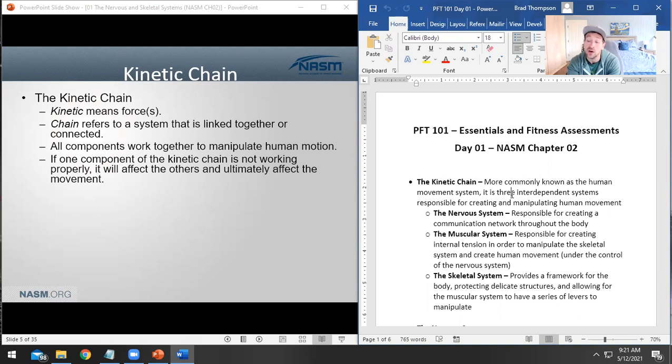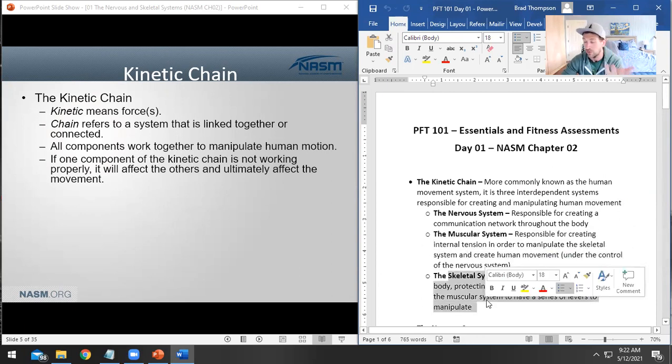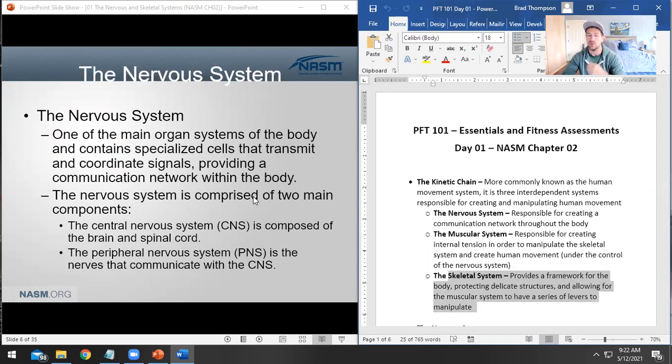Or if your muscular system is recruiting muscles in the wrong way, your nervous system is getting used to that exposure and it's getting used to moving in that wrong way, which explains why all of us have this forward head posture because of smartphones. So they all work together, right? If your nervous system can't coordinate signals properly, it won't be able to recruit your muscles the way it's supposed to, which is going to affect, again, how your skeletal system moves.